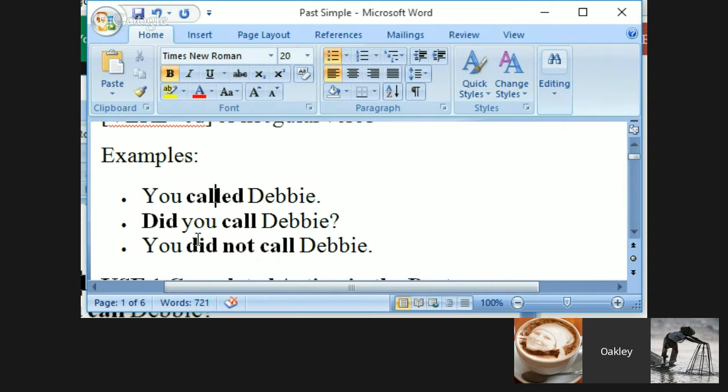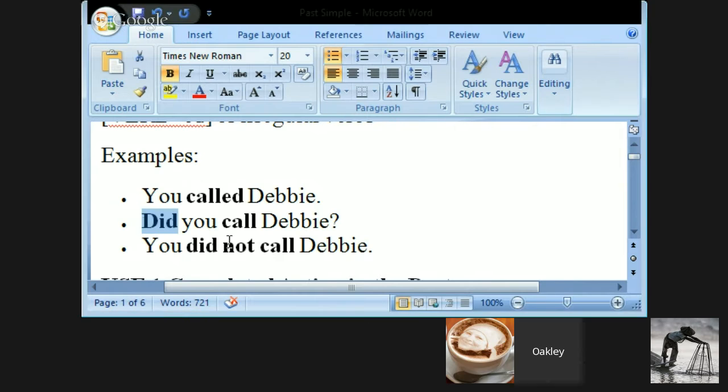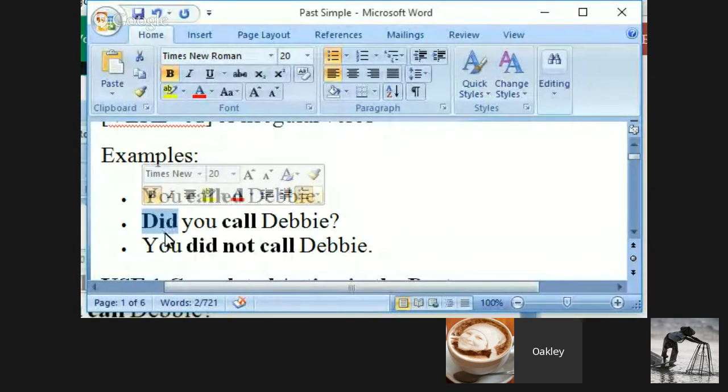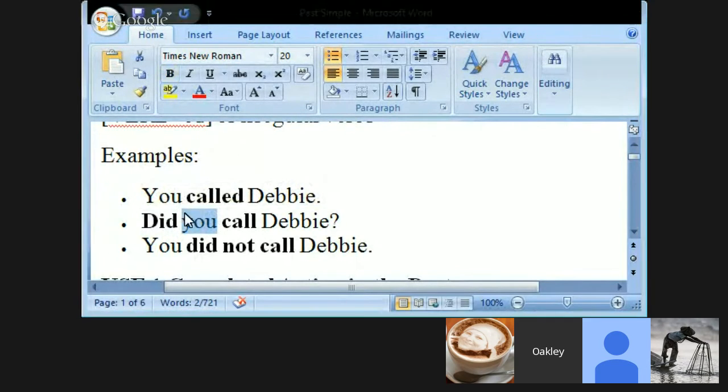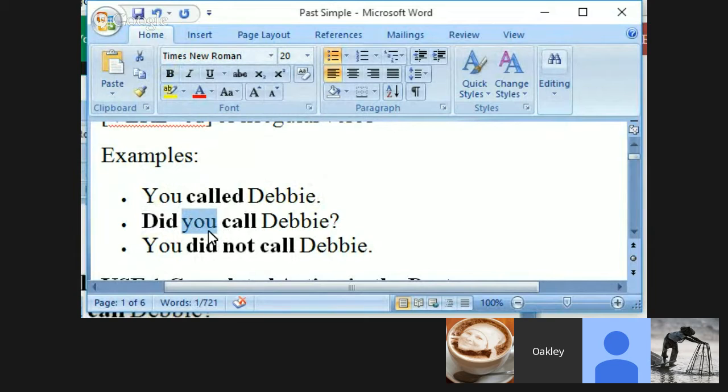The did does the job of describing the verb tense, I guess you could say. Notice, as always, the first auxiliary of any verb tense in a question will be used at the beginning of the question, reversed or transposed with the subject noun. Did you call Debbie? There it is.